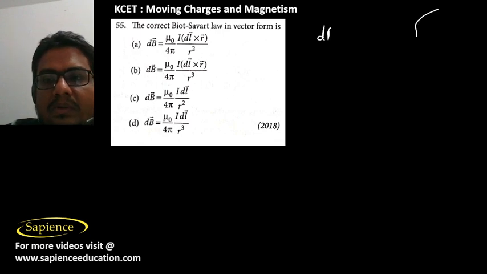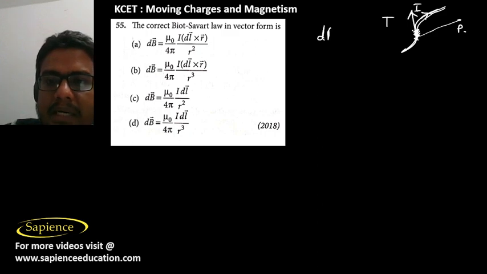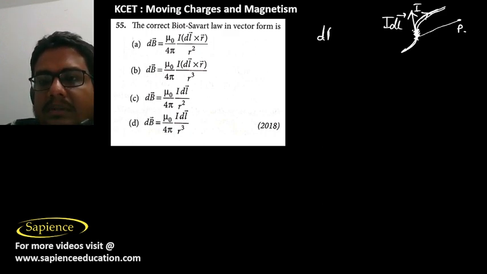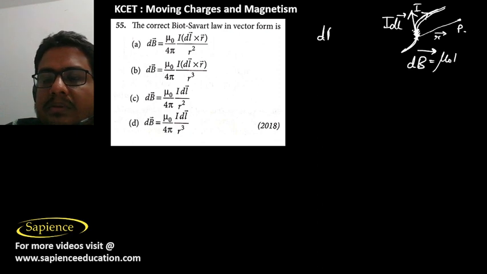The Biot-Savart's law tells that suppose some current is flowing through some wire, then the magnetic field at a point P due to some current element dl vector on the wire, at the position vector r with respect to this current element, is given as dB vector equal to mu naught by 4 pi into dl cross r by r cube.